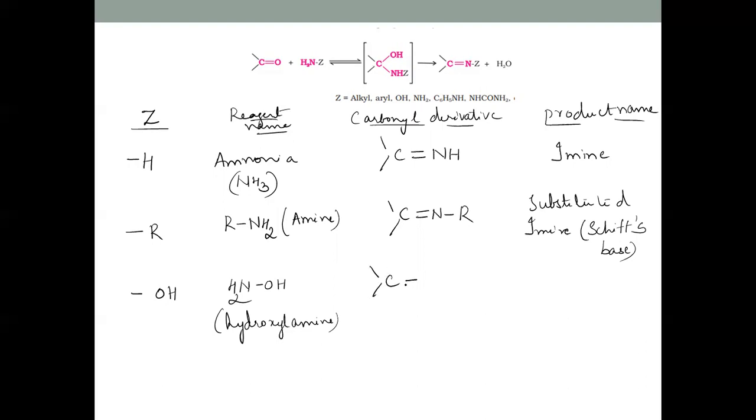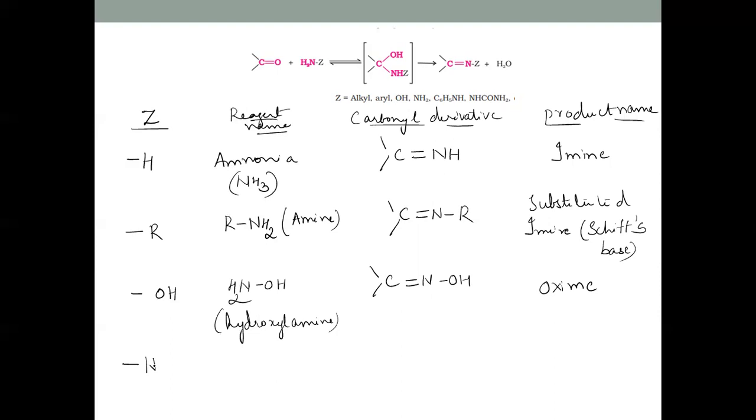C double bond N, with Z substituted by OH. What am I calling it? Oxime. Simple. Ammonia gives imine, amine gives substituted imine or Schiff base, hydroxylamine gives oxime.